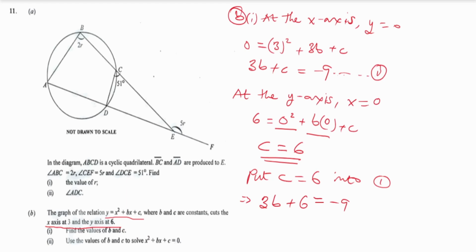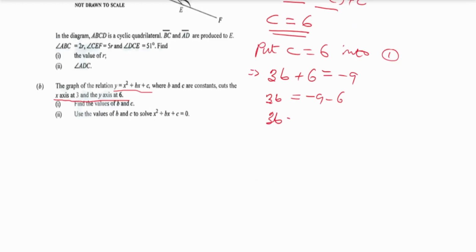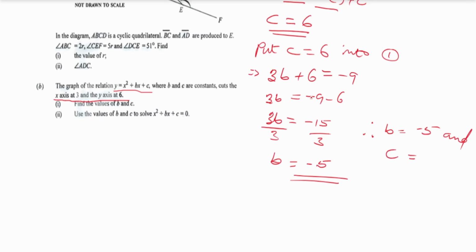Subtracting 6 from both sides, we have 3b equals -9 minus 6, and 3b will be equal to -15. Dividing both sides by 3, b will be equal to -5. So to answer the question properly, we'll say that therefore b equals -5 and c equals 6.